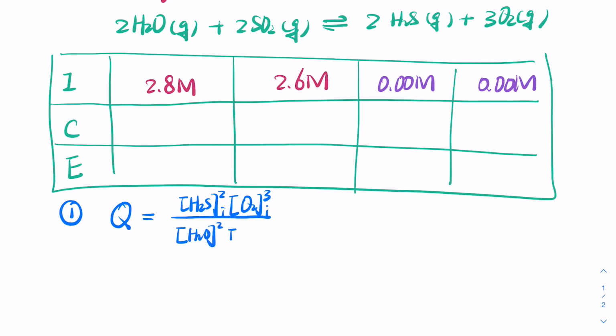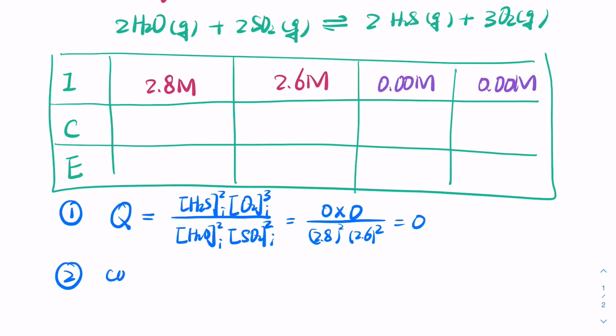So you have 0 times 0, divided by 2.8 squared times 2.6 squared, which equals 0. So Q equals 0, and the second step is to compare Q with K.